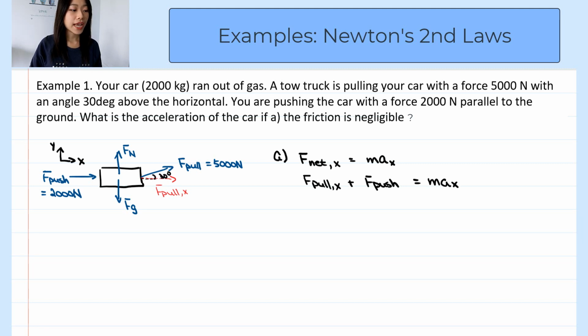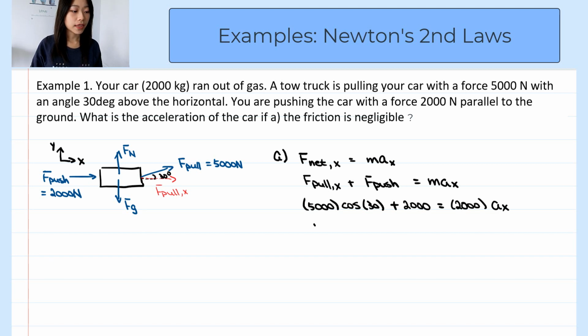Force of pull in the x direction, using some geometry, equals the magnitude, which is 5,000 newtons, times cosine of theta, and theta here is 30 degrees, plus force of push, 2,000 newtons. And this equals the mass of the object, which is 2,000 kilograms, times the acceleration in x.